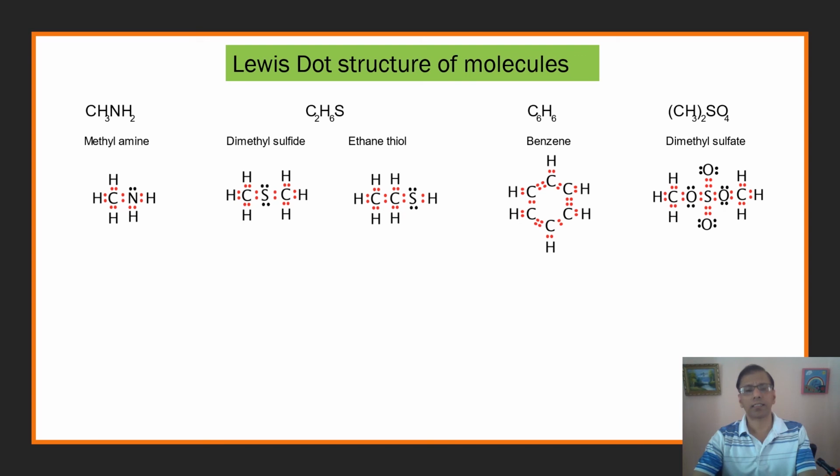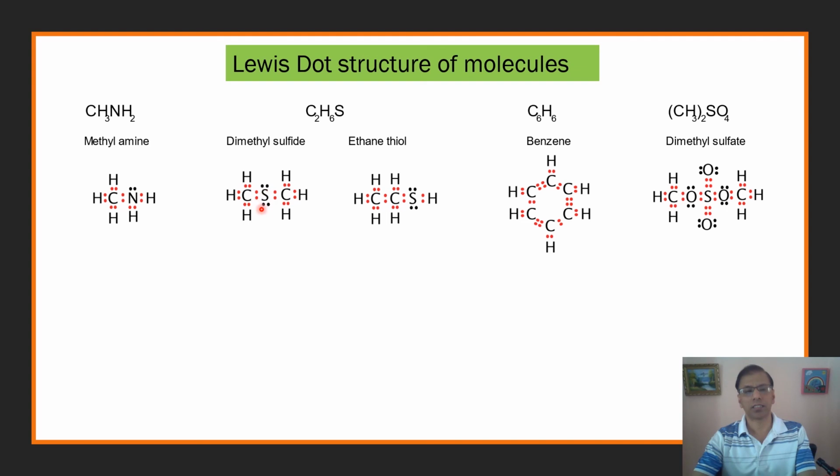Let's look at dimethyl sulfide. In case of dimethyl sulfide, you can have carbon, and next to the carbon you can have 3 hydrogens and 1 sulfur. The reason this arrangement is good is because, as you're aware, hydrogen can form only 1 bond, so hydrogen always needs to be next to only 1 atom.